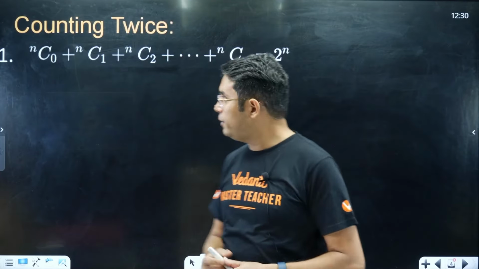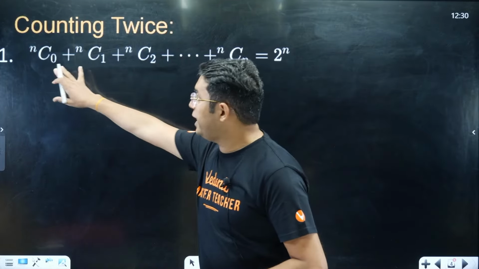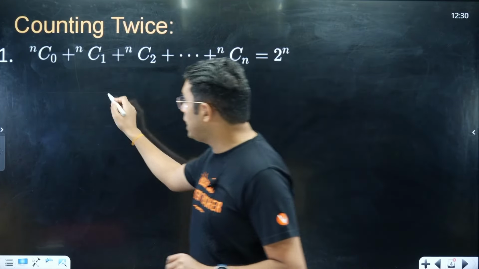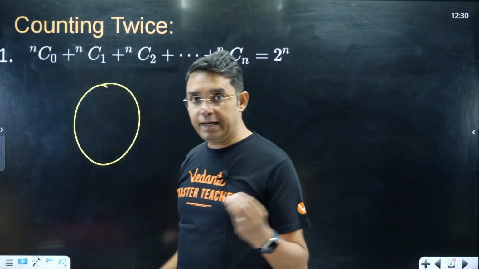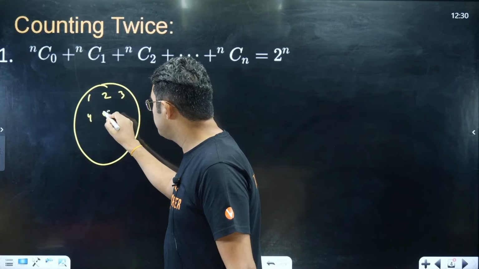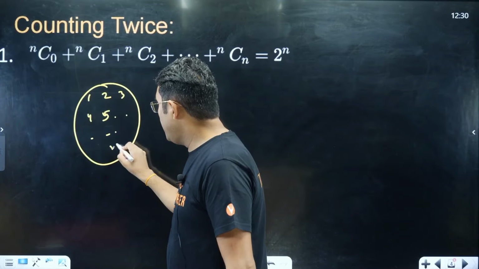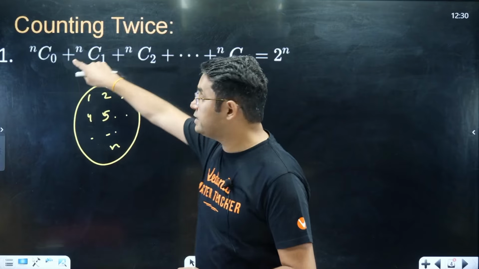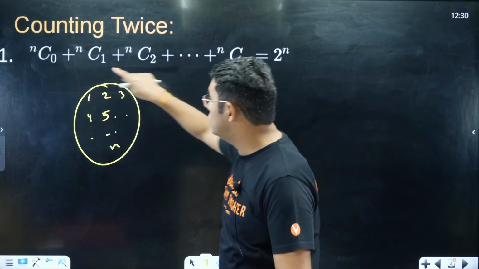To make you understand, I'll start with one very simple, very easy example which many of you might be knowing already. Here I am going to prove this nC0 plus nC1 up to nCn is equal to 2 power n. Now what I am going to do, I'll be taking a set of n objects, 1, 2, 3, 4, 5 and so on up to n. Now on the right hand side it is 2 power n, on the left hand side it is nC0, nC1 and so on.